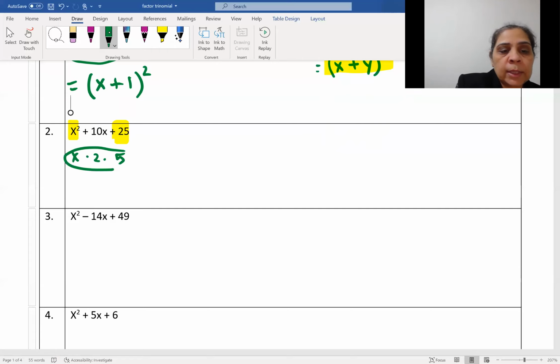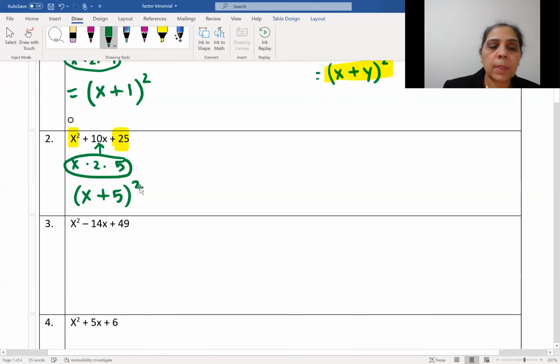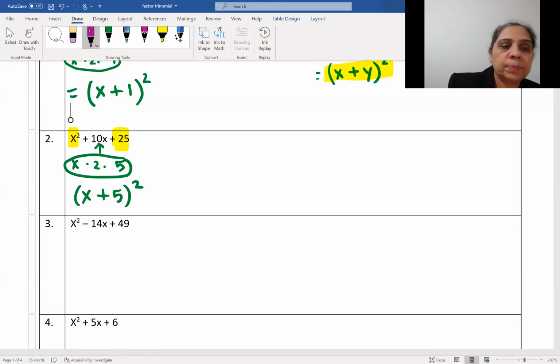So if you check these three things, 2 times 5 is 10, 10 times x we have here. So now we can just write the square of a binomial: the square root of x square is x, the middle term sign, the square root of 25 is 5, and square here. That's it.